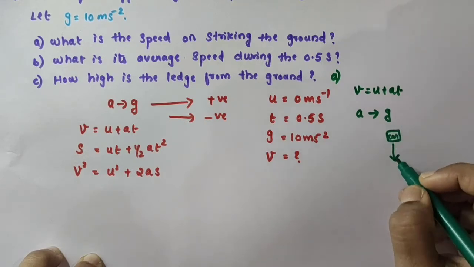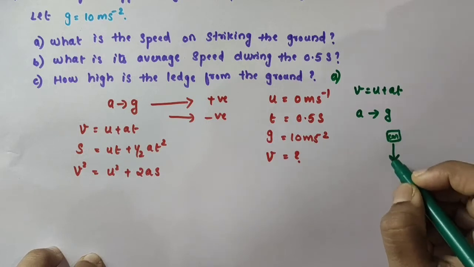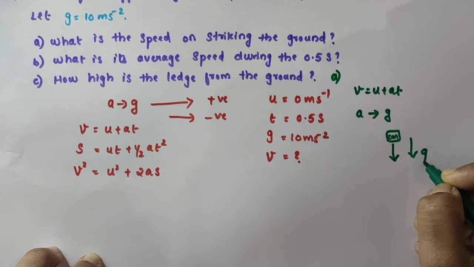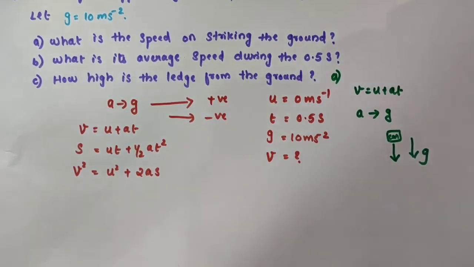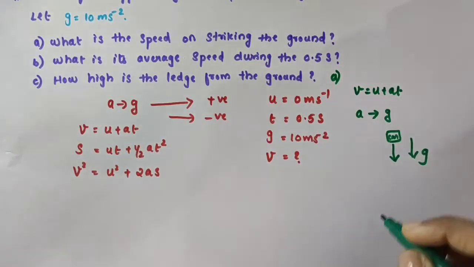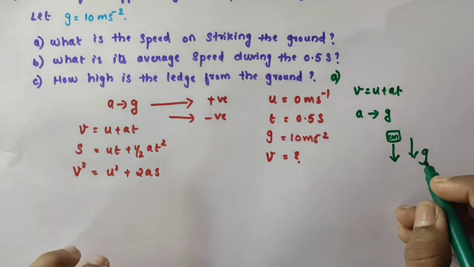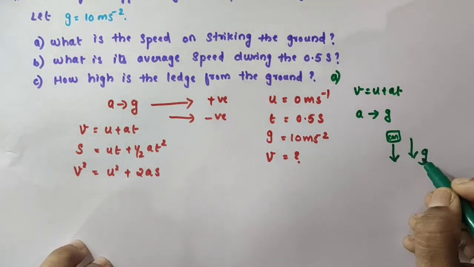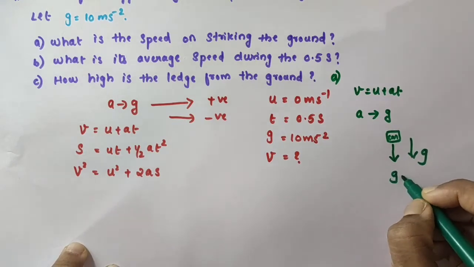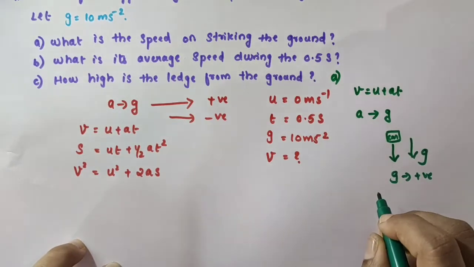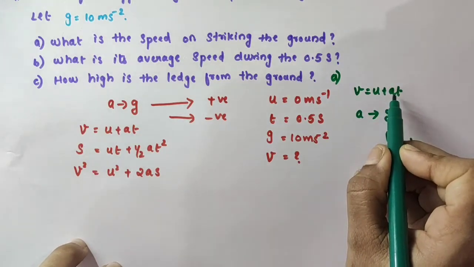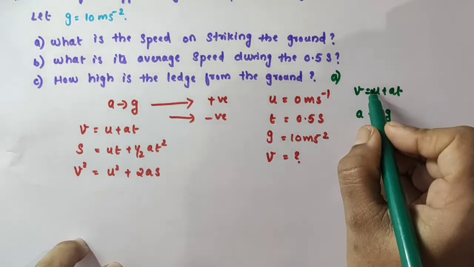The car is moving in the downward direction. So here, the direction of motion and the acceleration due to gravity are along the same direction. So g can be taken as positive. So we can replace this acceleration a by plus g in this equation.